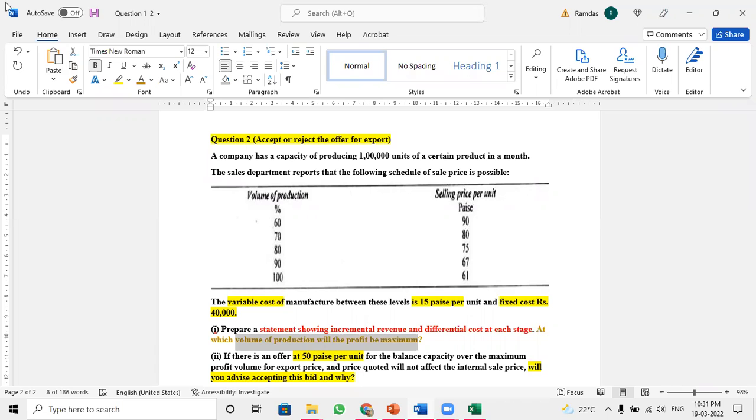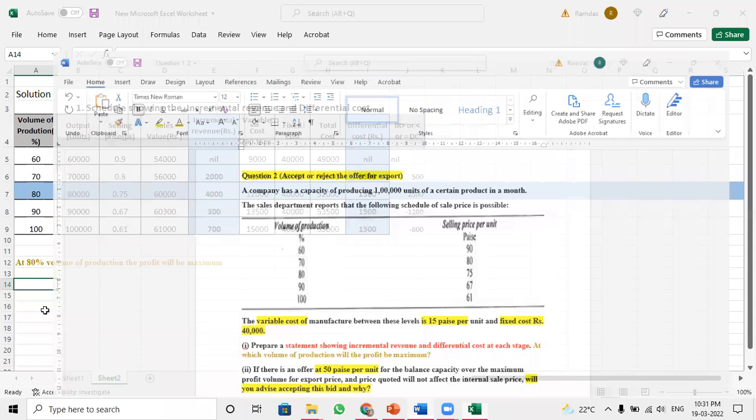So that is what we are going to find out. Next question: if there is an offer at 50 paise for the balance of capacity over the maximum profit volume for export price, whether you should accept it or not? That's what we are calculating now.